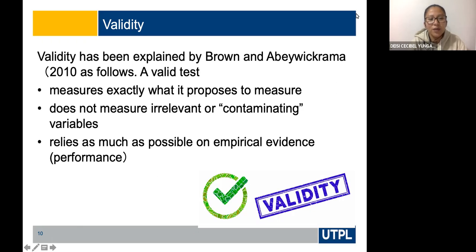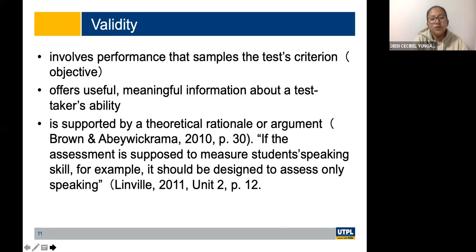A valid test measures exactly what it proposes to measure, does not measure irrelevant or contaminated variables, relies as much as possible on empirical evidence, involves performance that samples the test criterion, is objective, offers useful, meaningful information about the test taker's ability, and is supported by a theoretical rationale or argument.